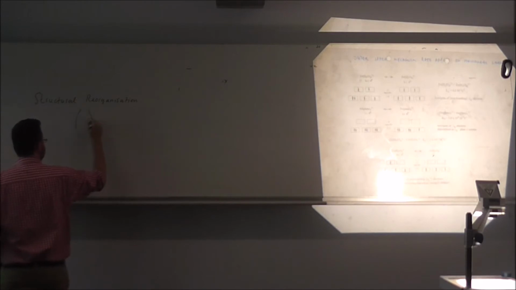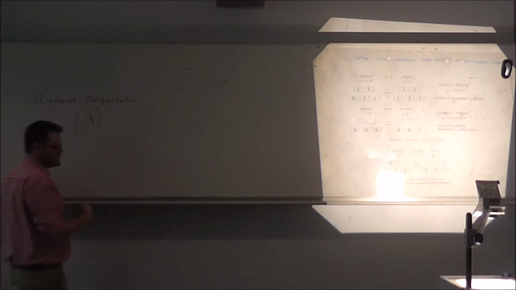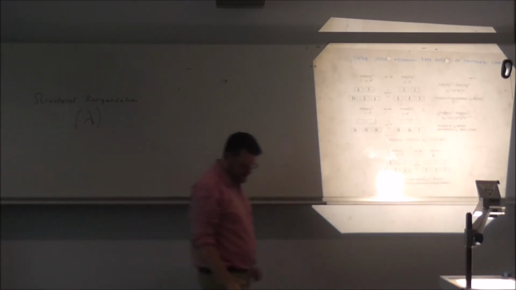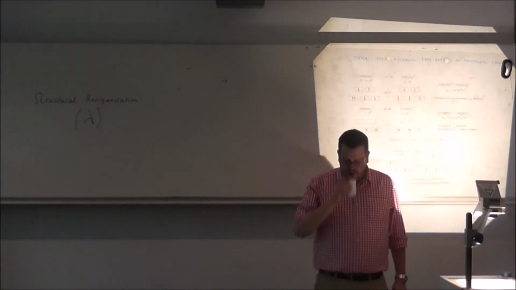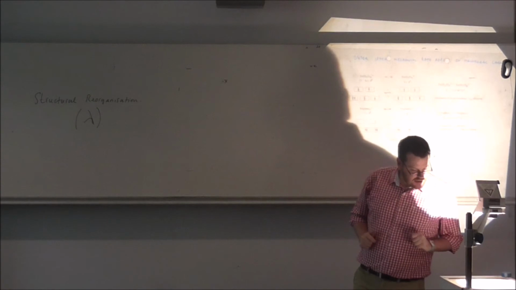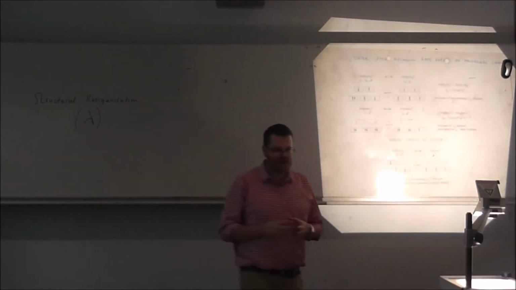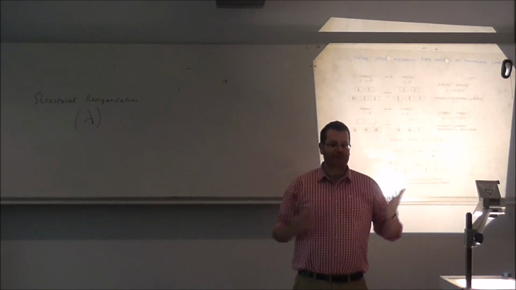And the symbol we use for that is called lambda. Lambda is the symbol for structural reorganization. We call it the reorganization energy, right? Okay, so that's why we have this discrimination. You've got to look at the electron configuration in the product and the reactant.